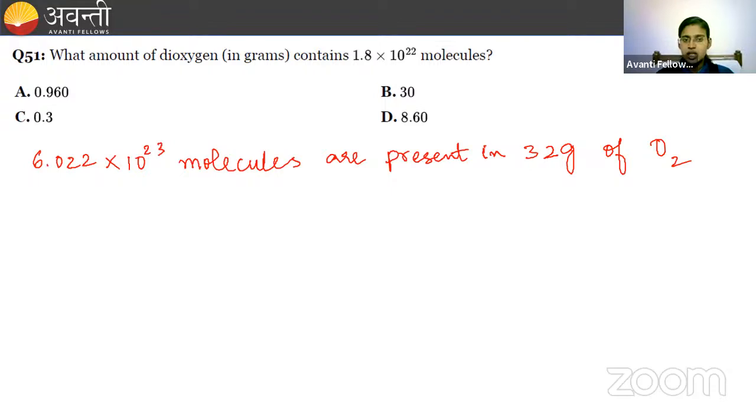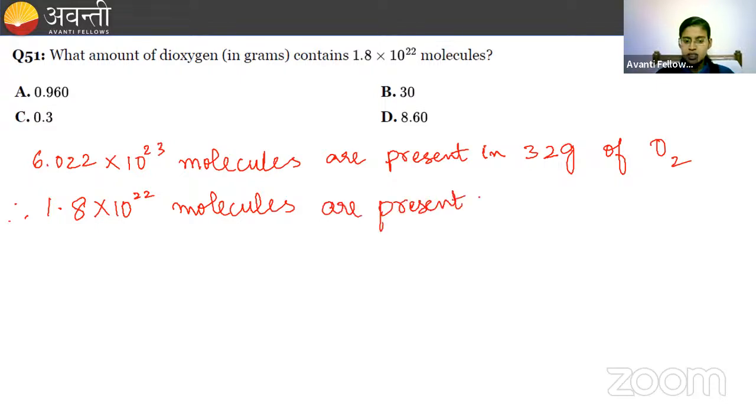So what is this? Avogadro number of molecules, right? Avogadro number of molecules are present in 32 gram of oxygen because in 1 mole of oxygen, we have 32 grams of oxygen. So therefore, 1.8 into 10 to the power 22 molecules are present in 32 divided by 6.022 into 10 to the power 23 into 1.8 into 10 to the power 22 grams of oxygen.